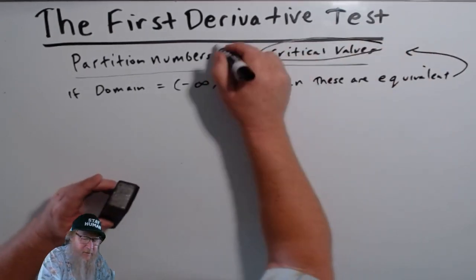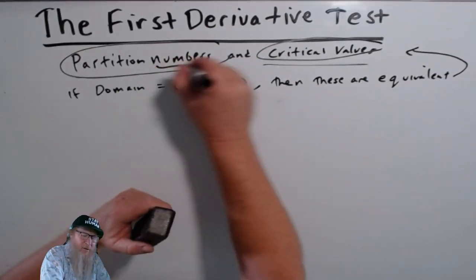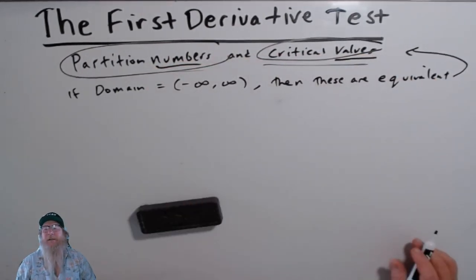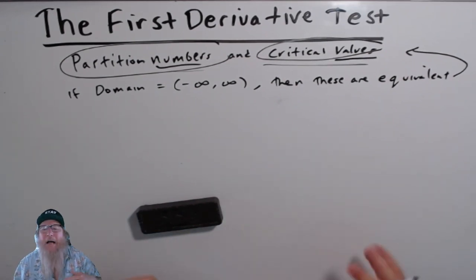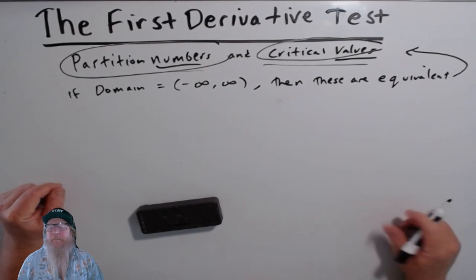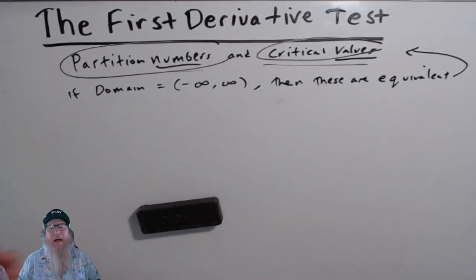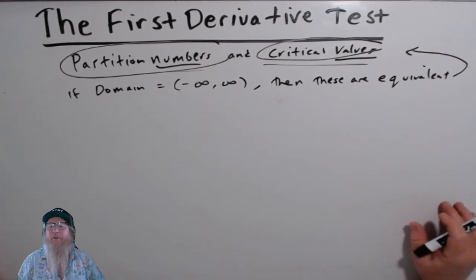By the way, I use the word number and value interchangeably. So sometimes I'll say partition value, sometimes I'll say partition number. Critical value, critical number. A number and a value are two different words that mean the same thing.